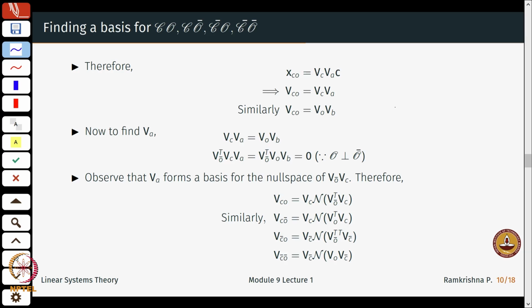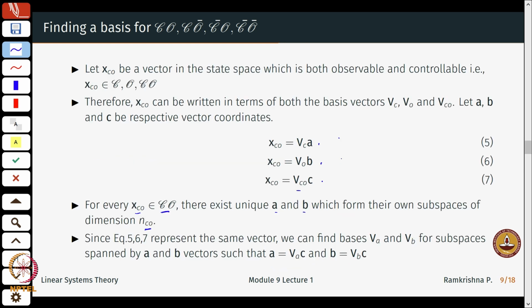Now, what do I have so far? The idea was, since 5, 6 and 7 represent the same vector, we can find a basis Va and Vb for subspaces spanned by a and b vectors such that a is Va times c and b is some Vb times c.